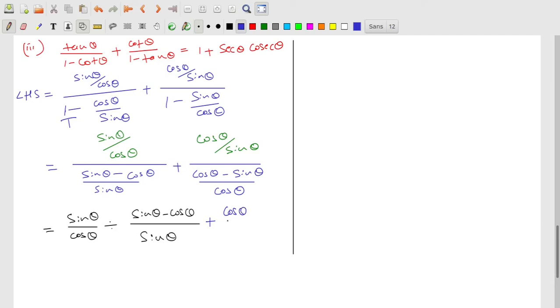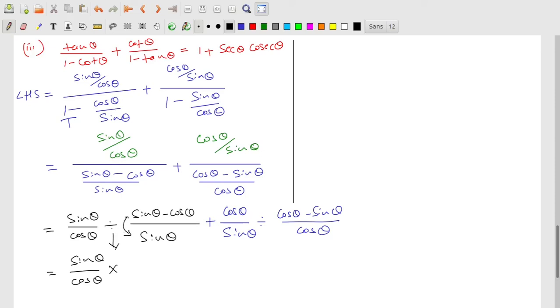Cos theta divided by sin theta whole divided by cos theta minus sin theta and then cos theta here, right? So let me solve the first term, sin theta cos theta. This division will change to multiplication, and then we need to take a reciprocal of this. You know this, right, while operating fractions.